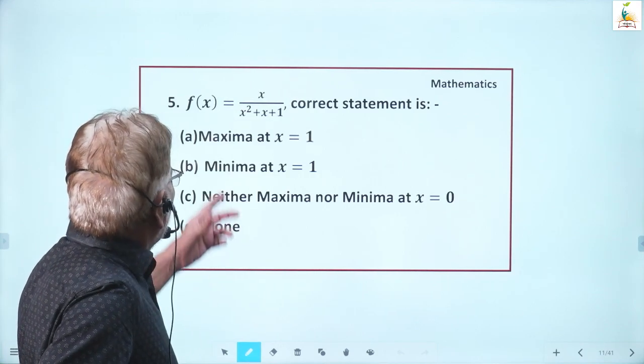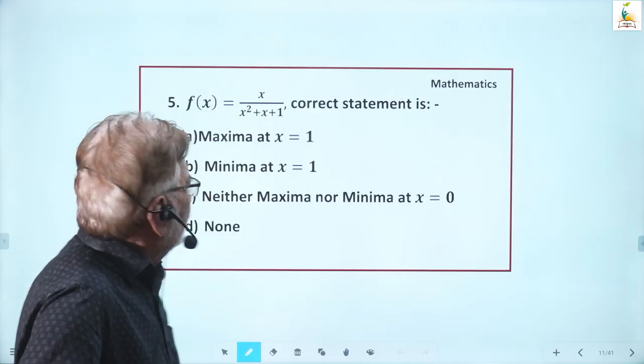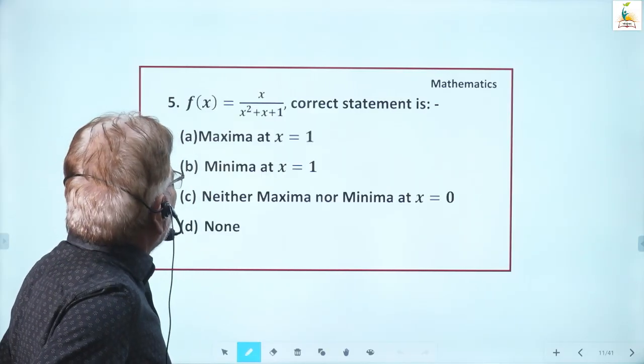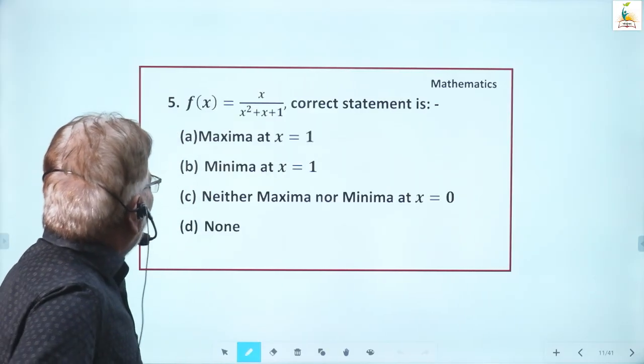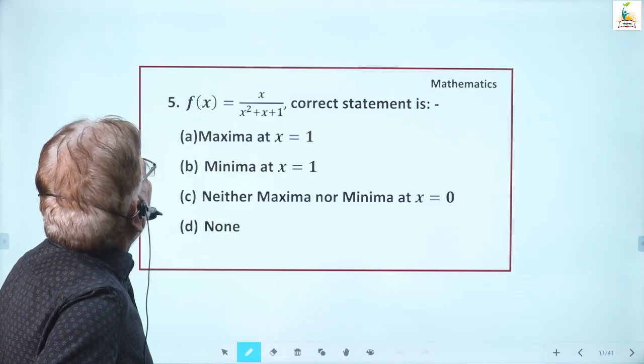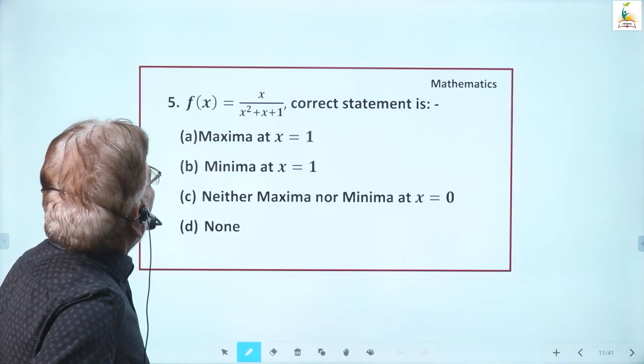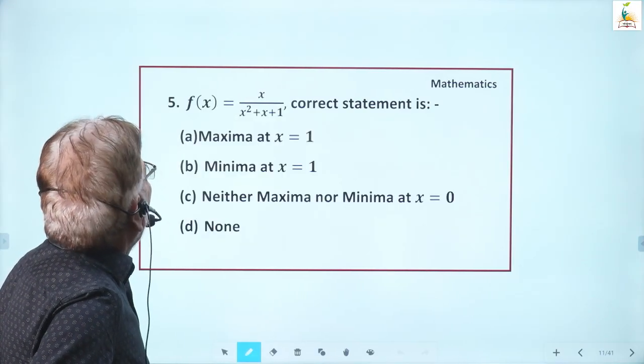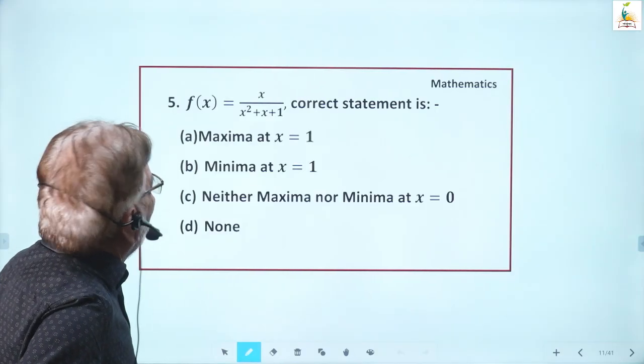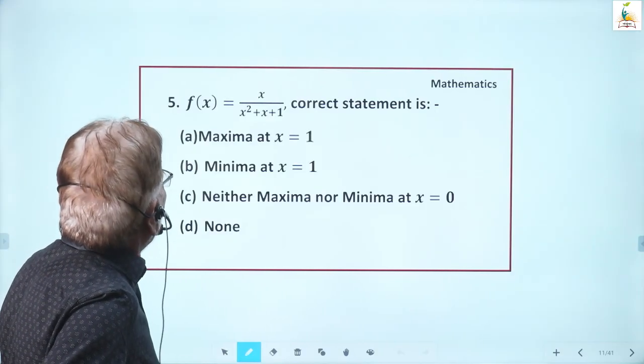Now second is f(x) equal to 1 upon x square plus x plus 1. Correct statement is maxima at x equal to 1, minima at x equal to 1, maxima, neither maxima nor minima at x equal to 0, none.